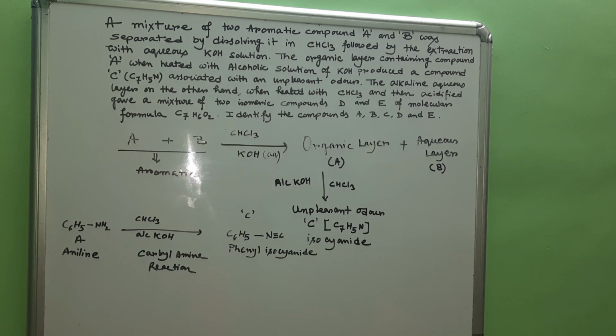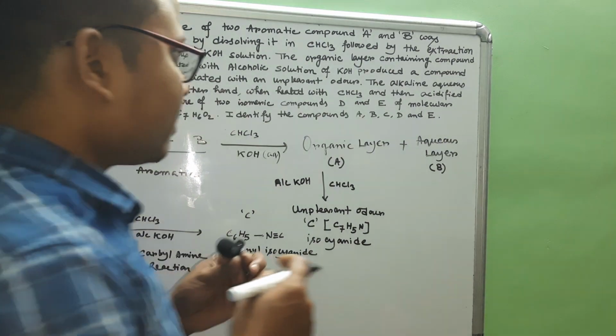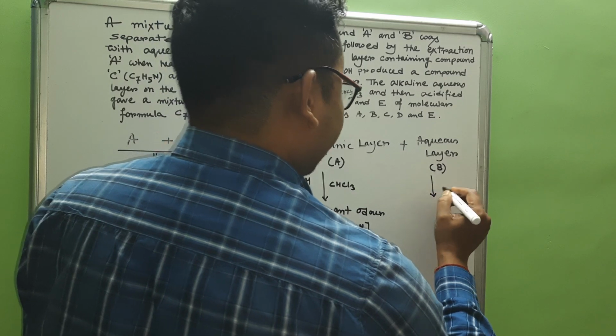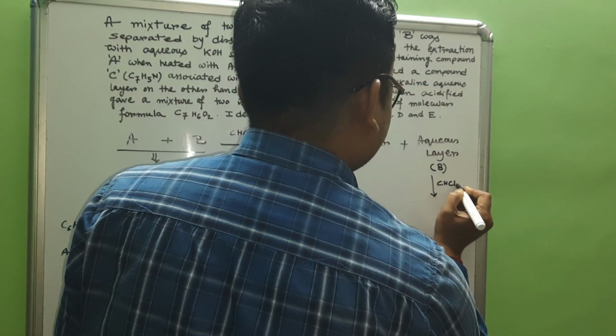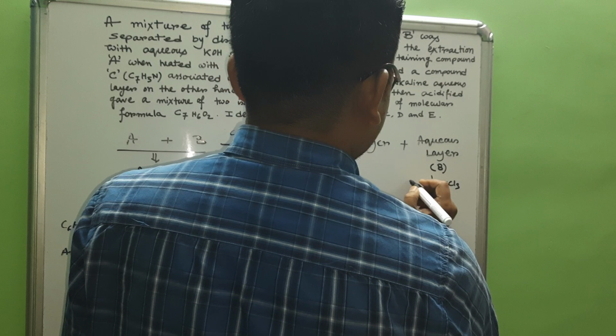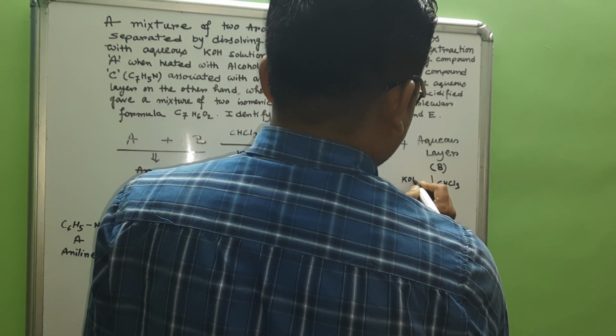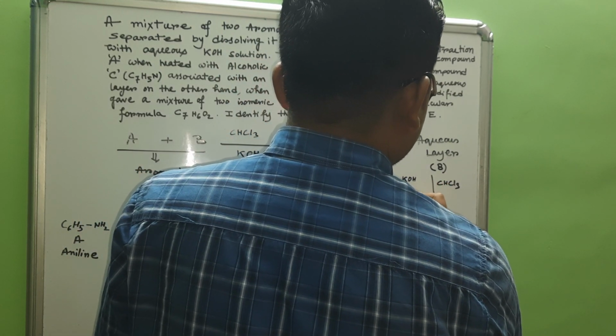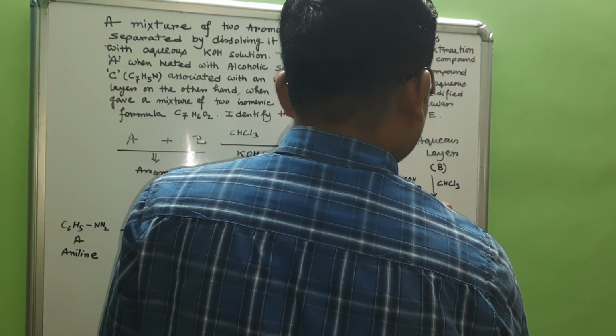Now what about B? The alkaline aqueous layer, on the other hand, when heated with CHCl3 and then acidified, gives the isomeric compounds D and E with the molecular formula C7H6O2. So KOH, then H3O+.